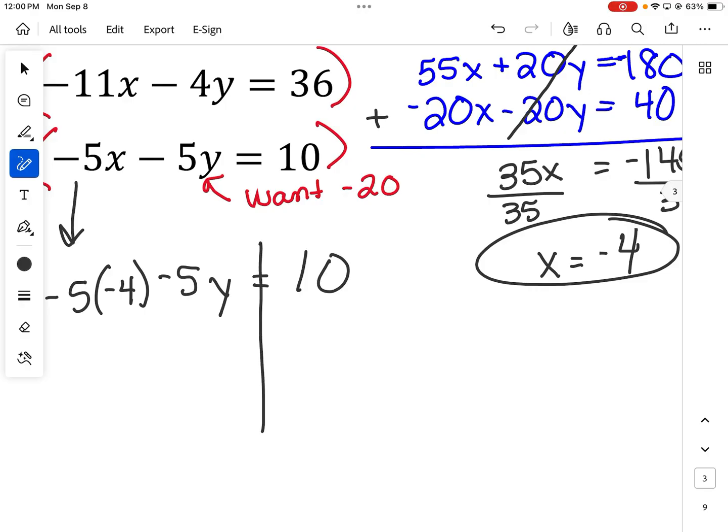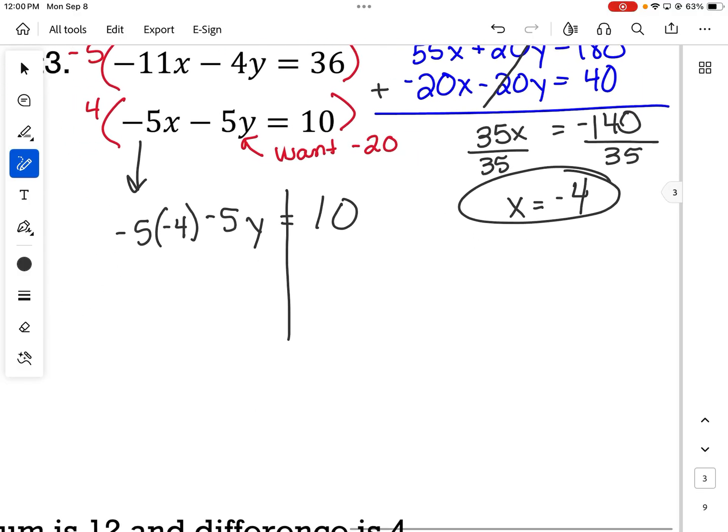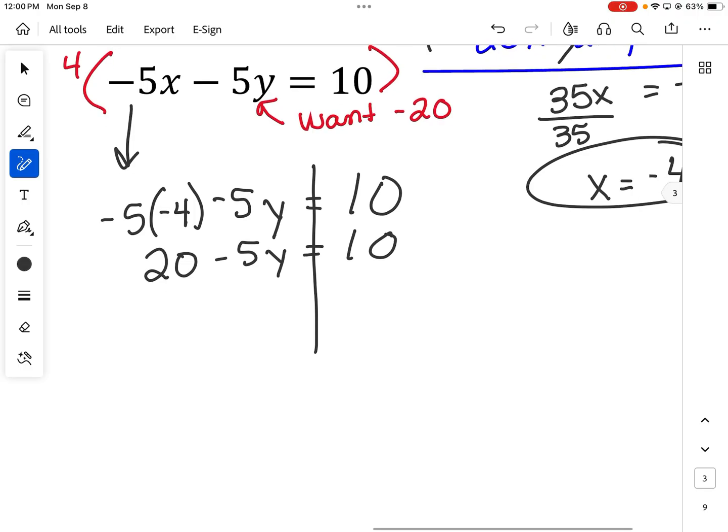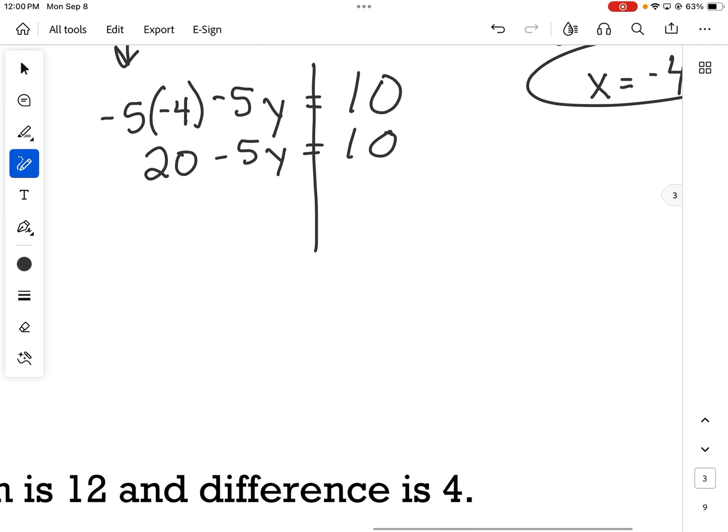Okay, we need to solve it out. Negative 5 times negative 4. 20. So I'm going to rewrite the rest of the equation. Minus 20 on both sides.